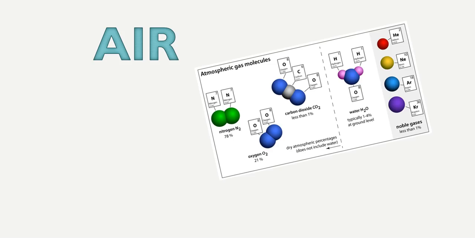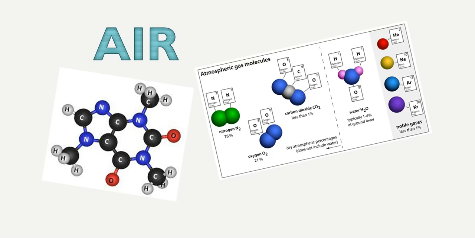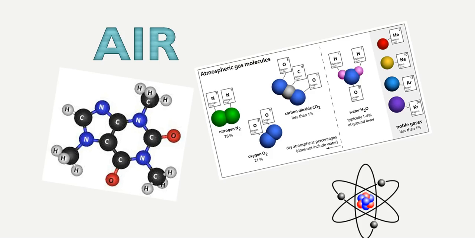So what is air? Air is just a mixture of several gases that can be nitrogen, oxygen, carbon dioxide, hydrogen, H2O, helium, neon, argon, krypton, etc. And these gases are in turn made up of many molecules, and molecules are in turn made up of many atoms.